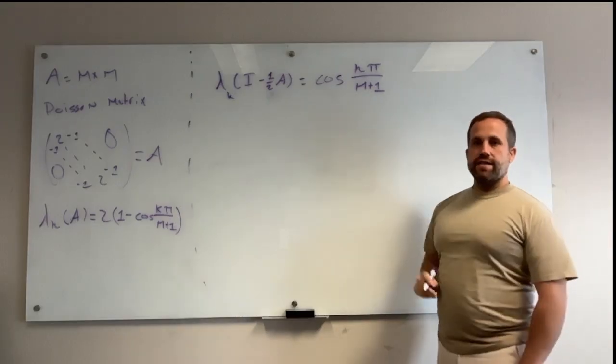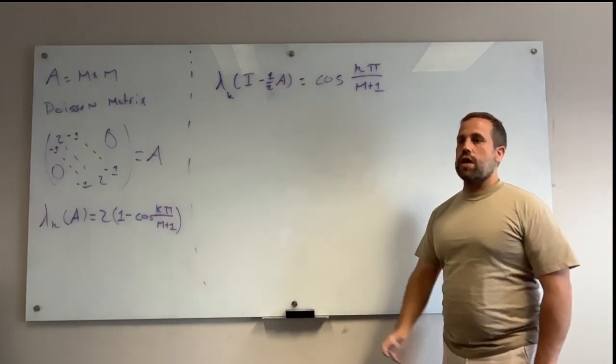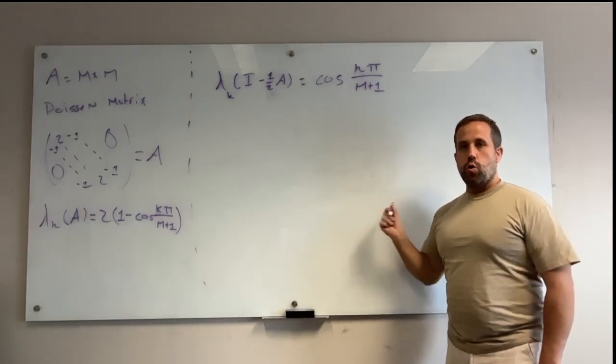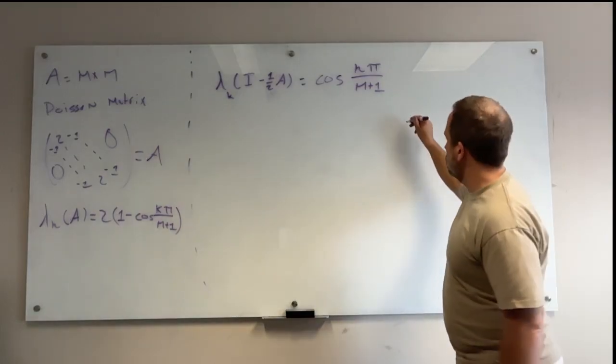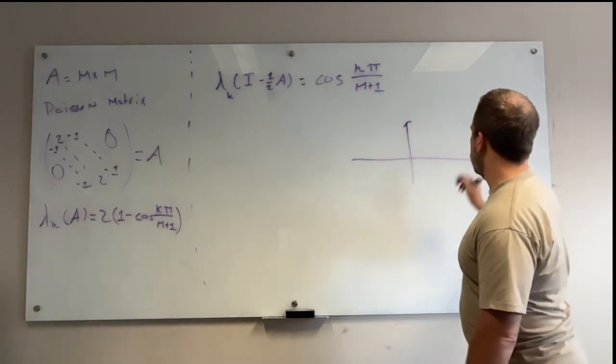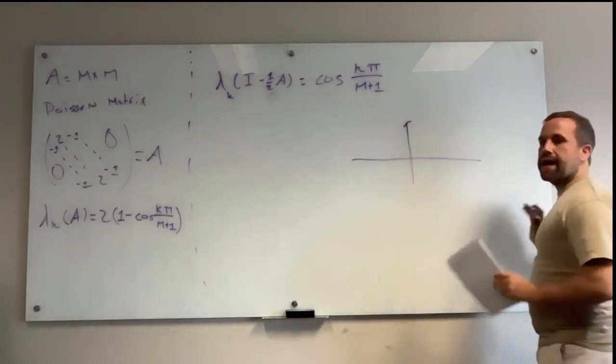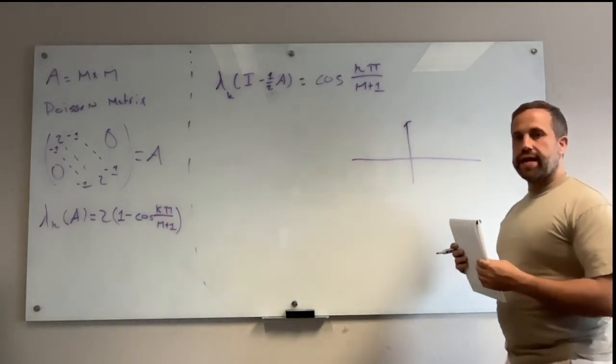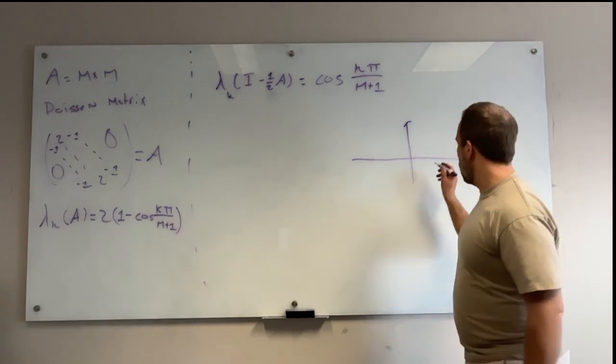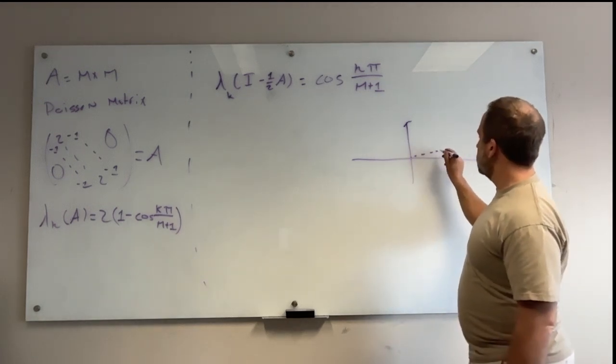Okay, now when are we going to get the biggest eigenvalue here? Well, it's either going to be when k is equal to m or when k is equal to 1. So if we think about the unit circle, when k is equal to 1, the angle is going to be pi over m plus 1. If m is big, the angle is going to be very close to 0.